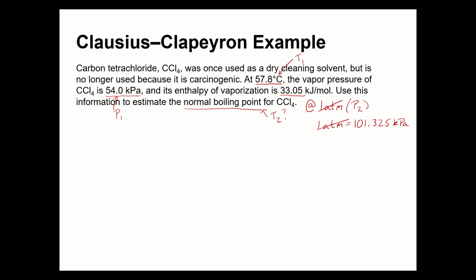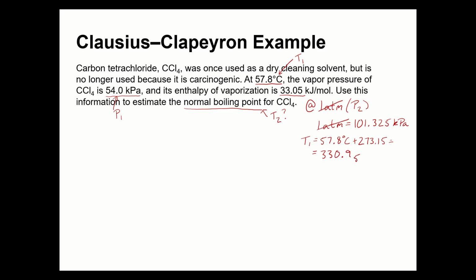Okay. Now, another thing that we have to do is convert that temperature into Kelvin. So it's good to go ahead and take T1, which is equal to 57.8 degrees Celsius, and let's go ahead and add that 273.15. Okay, so T1 should be 330.95.